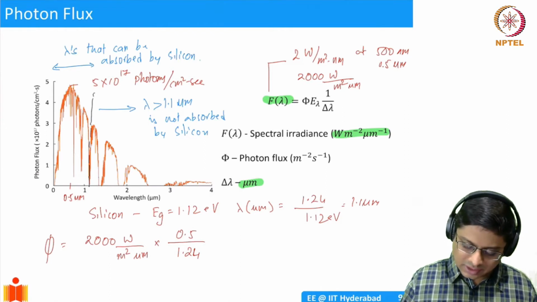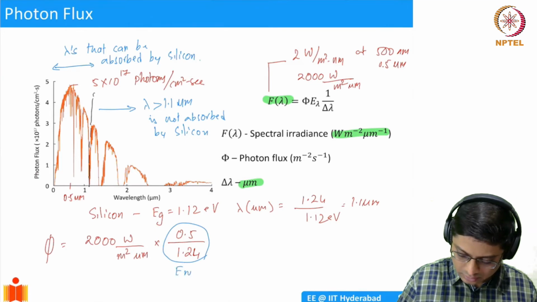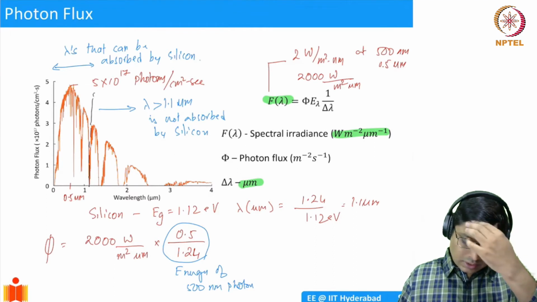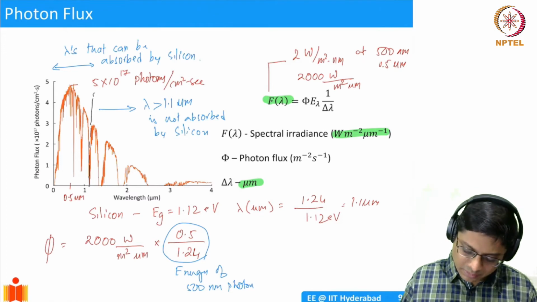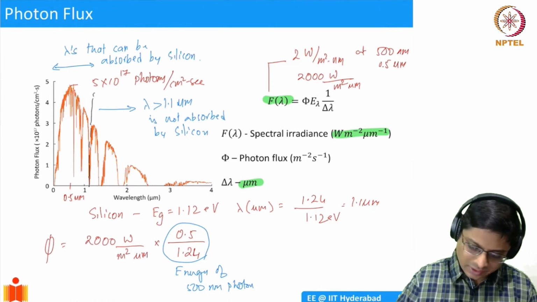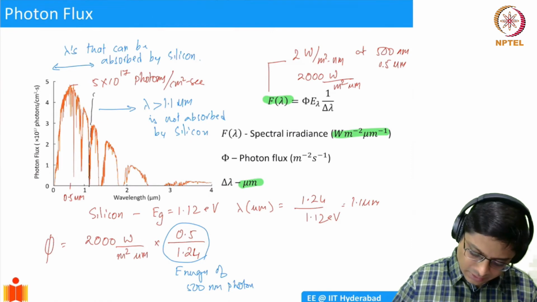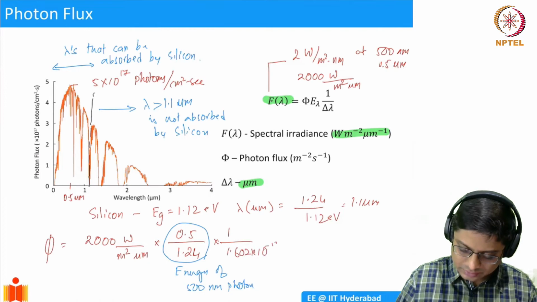Okay, this is the energy of a 500 nanometer photon, times delta lambda, which is going to be 1 micron here, and then divided by 1.6 times 10 power minus 19, okay.